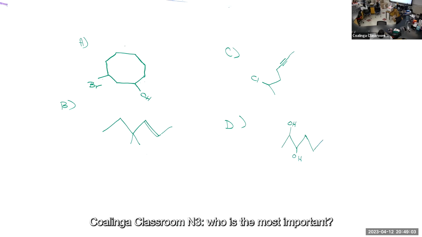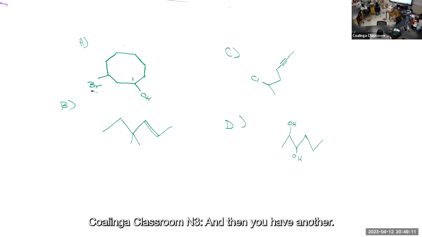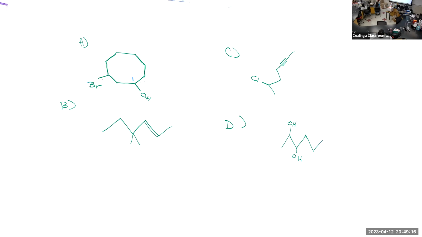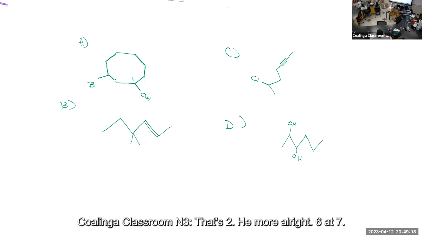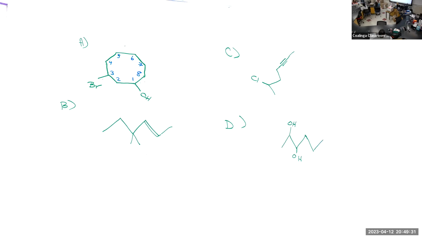Who is the most important? The OH. So next part. One. Yes. And if you have another structure coming up, we want to give that another one. Okay, so then we go this way: 2, 3, 4, 5, 6, 7, 8. So an 8 carbon ring structure.